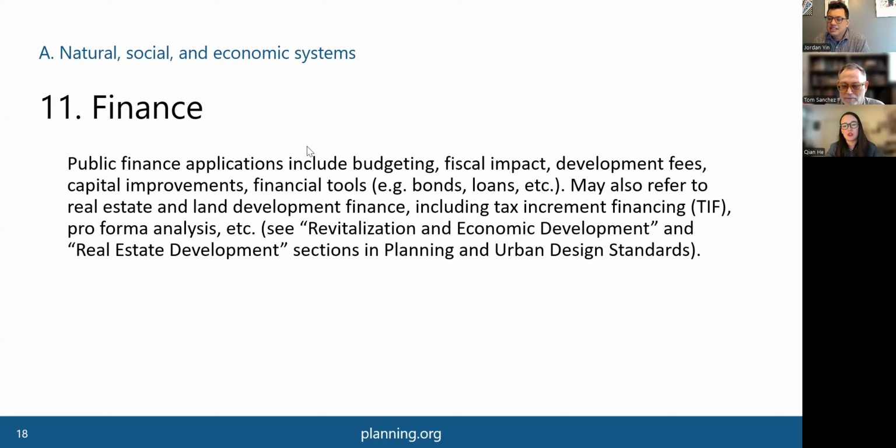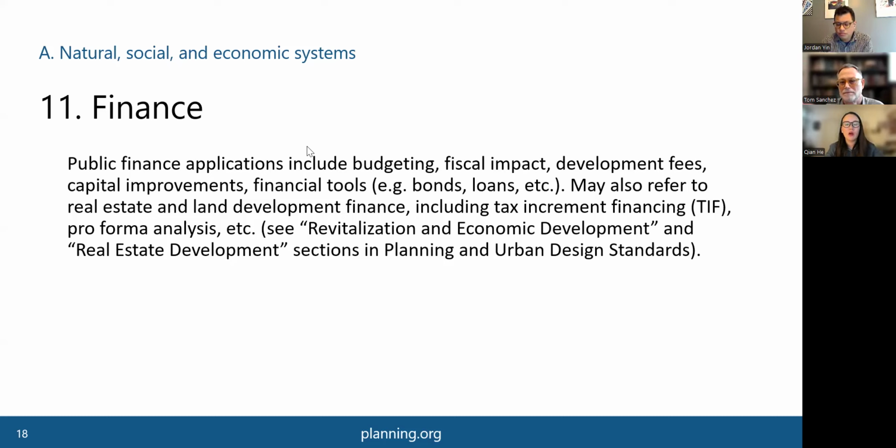What do these terms refer to and where do they happen within the planning practice? And some examples such as bonds and loans and what are their roles in helping government or different sector planning work function, for example, municipal bonds and some of the risk assessment for bonds, if you want to go into a little detail. And finance may also refer to real estate and other land development finance. For example, very importantly, tax increment financing, you might come across the term, for example, low income housing tax incentives.